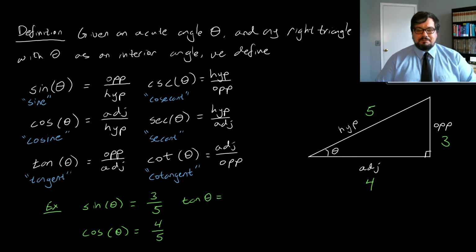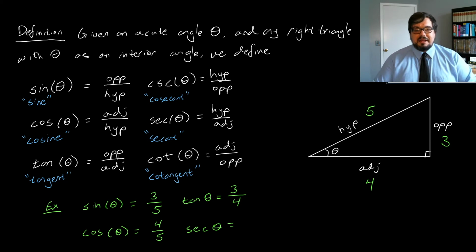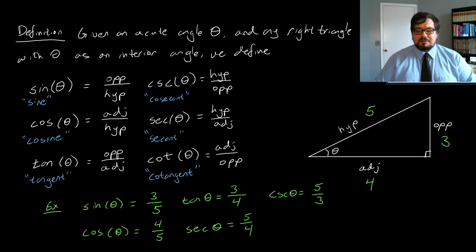Tangent of theta is going to be equal to the length of the opposite side over the length of the adjacent side. Secant of theta, secant is hypotenuse over adjacent, so that'll be 5 over 4. Cosecant of theta is hypotenuse over opposite, so that's 5 over 3.